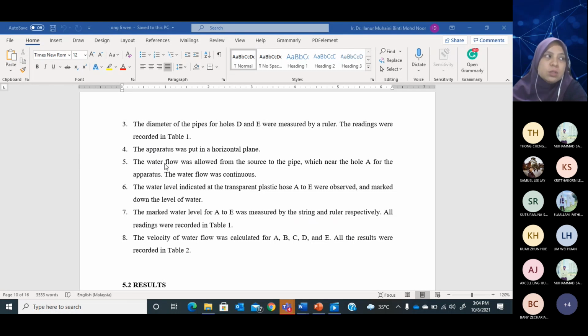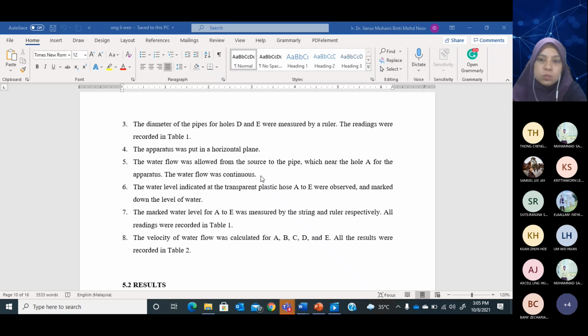The water flow was allowed from a source to the pipe near hole A of the apparatus, and the water flow was continuous. So here it doesn't mention whether the water flow became constant or sometimes fast, sometimes slow. All this detailed information is important in any science experiment.